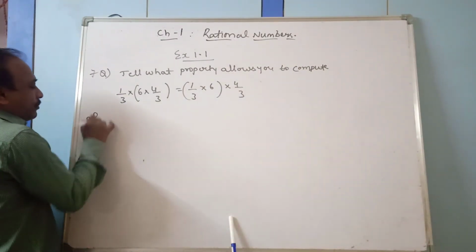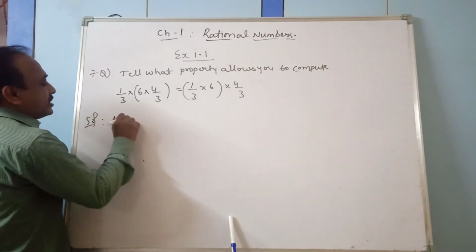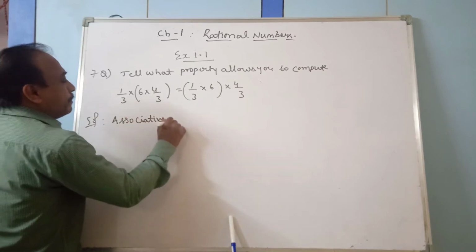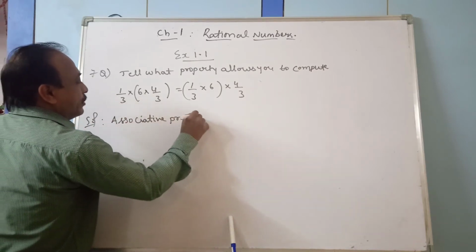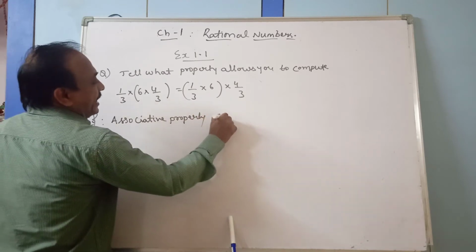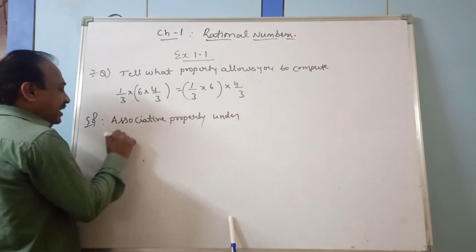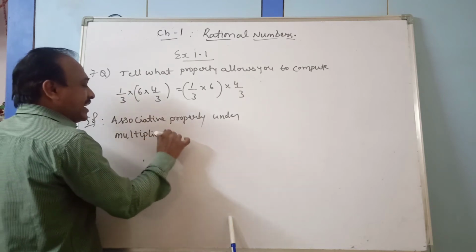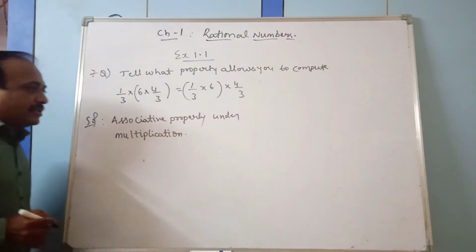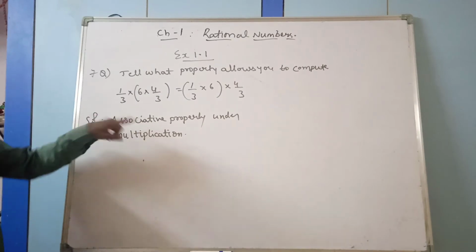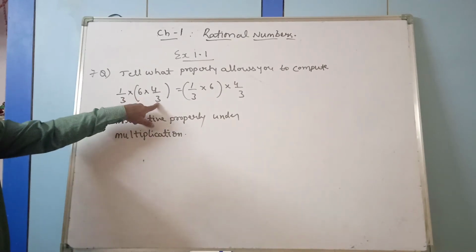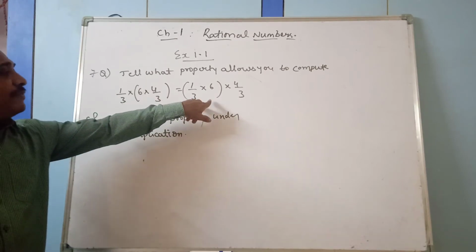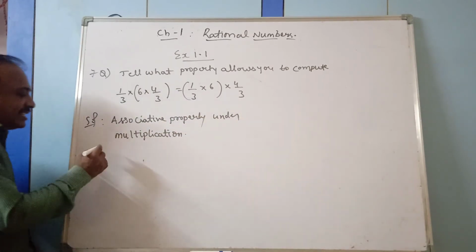So the above one is associative property under multiplication. A into B into C, bracket for B into C, is equal to A into B, bracket for A into B into C. What is the property name?